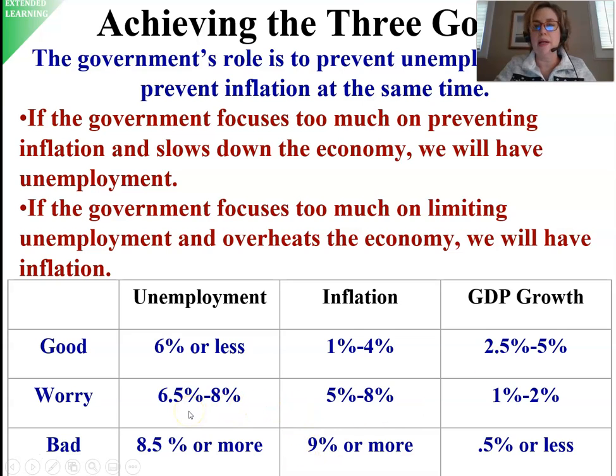We'd start to worry when unemployment goes beyond the natural rate of over 6%. If inflation is around 5 to 8%, it's not good, and if GDP is growing very slowly at 1 or 2%. If you've got high unemployment, this would be 8.5%, would not be good. If you have that also with high inflation and very low GDP growth, then that would signal a very unhealthy economy.